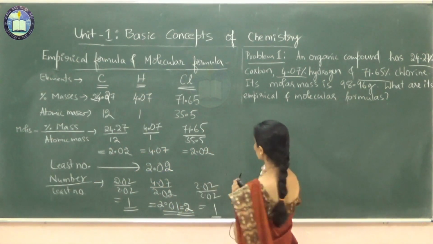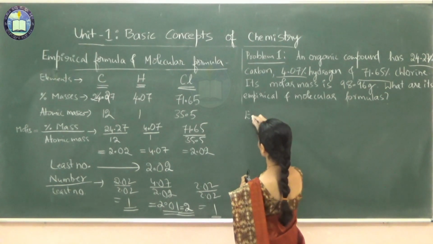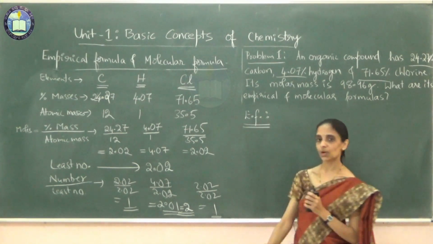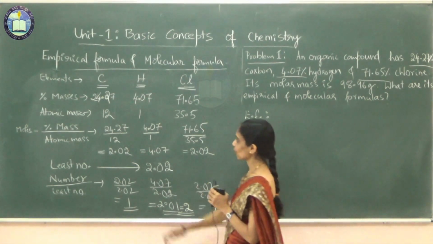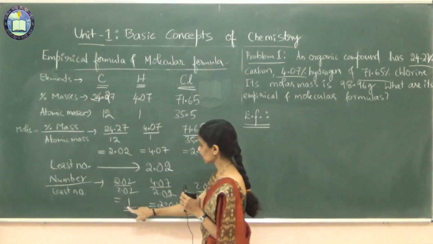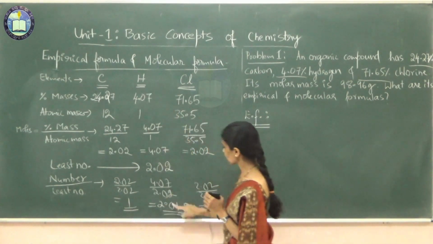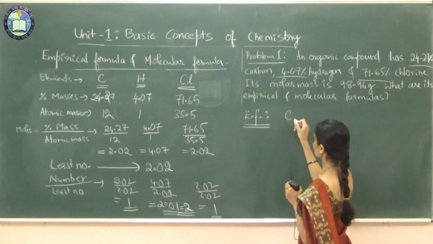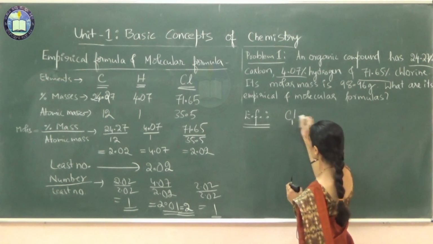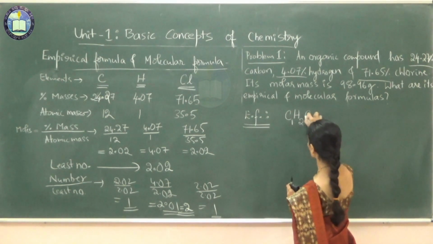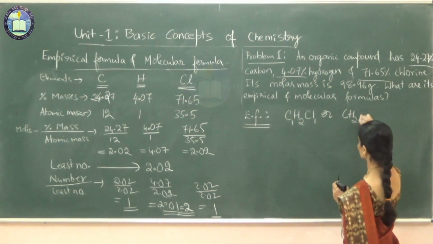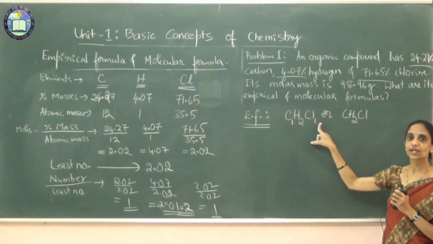Now you will be able to write the empirical formula for the compound, and that formula is C1H2Cl1, or you can simply write it as CH2Cl. One need not be written.